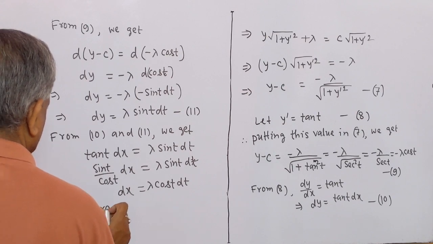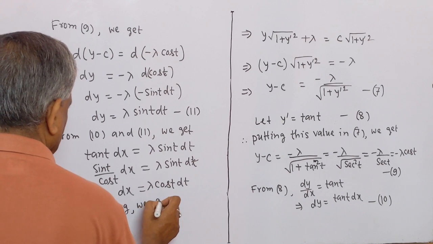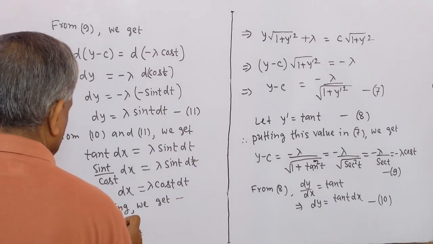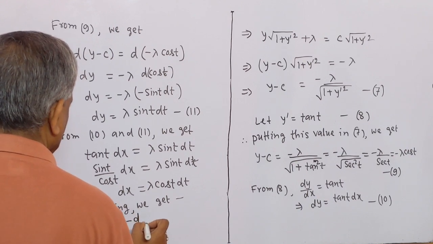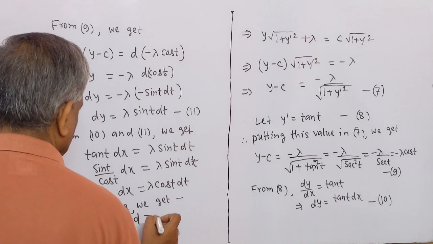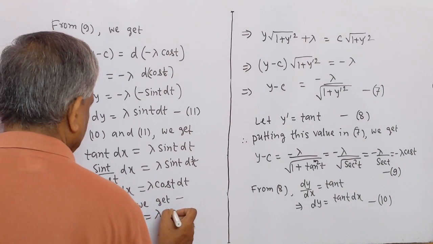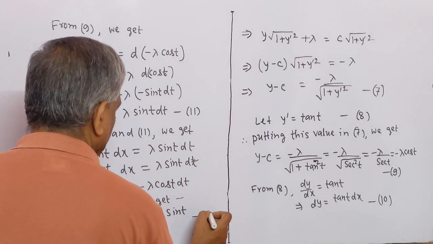Integrating, we get here integration of dx is x. Let us use constant d, x minus d, equals lambda, integration of cos t is sin t. This is number 12.